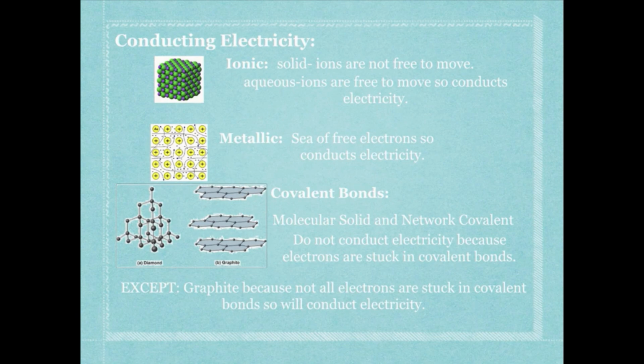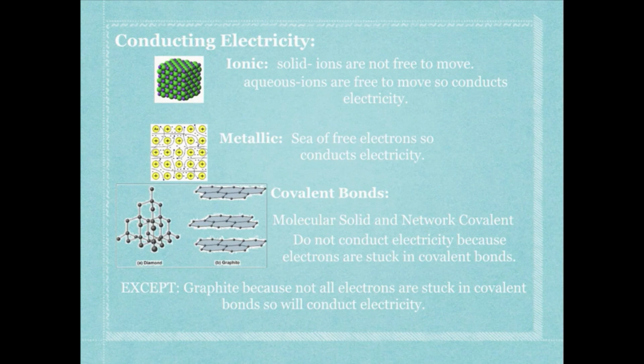That exception is graphite. Remember, for graphite, as I just stated, they form sheets. Every single carbon atom does not have four covalent bonds coming off of it. Instead, you will have carbon atoms that have lone pairs of electrons, and that's what enables them to form these sheets that we see in graphite.